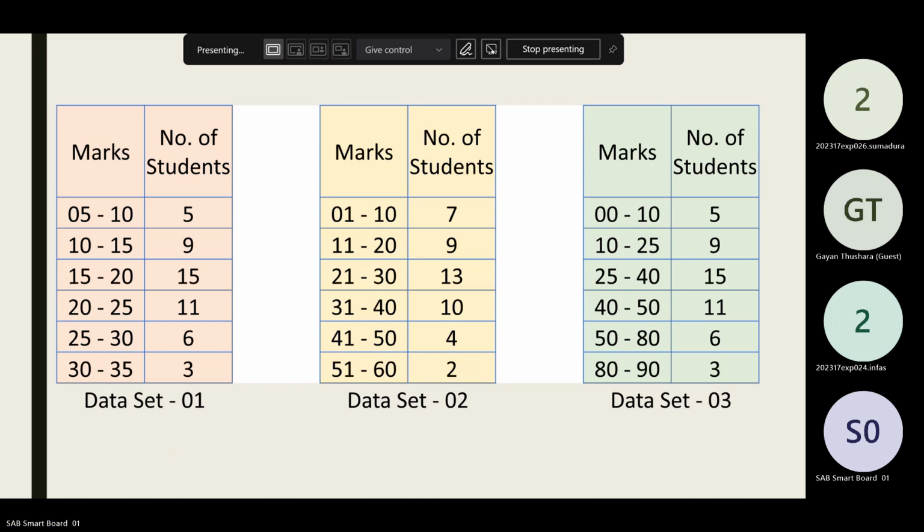Whatever you feel, it's okay. I don't want the correct answer. If you feel it's not correct, for what reason? Or do you feel it's correct? And the third one.